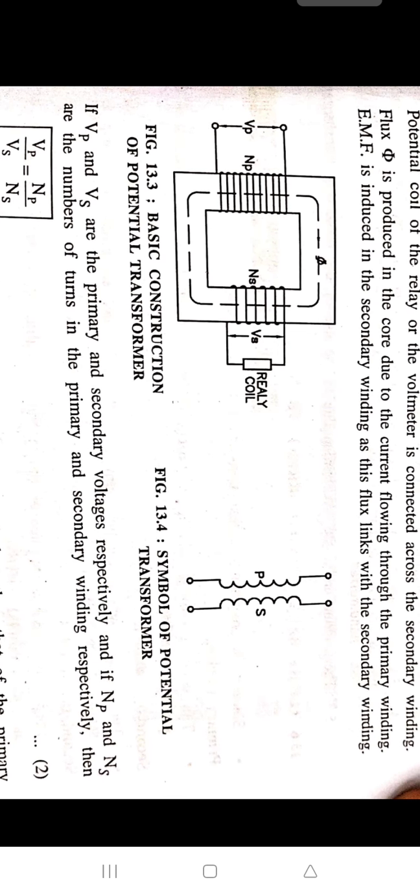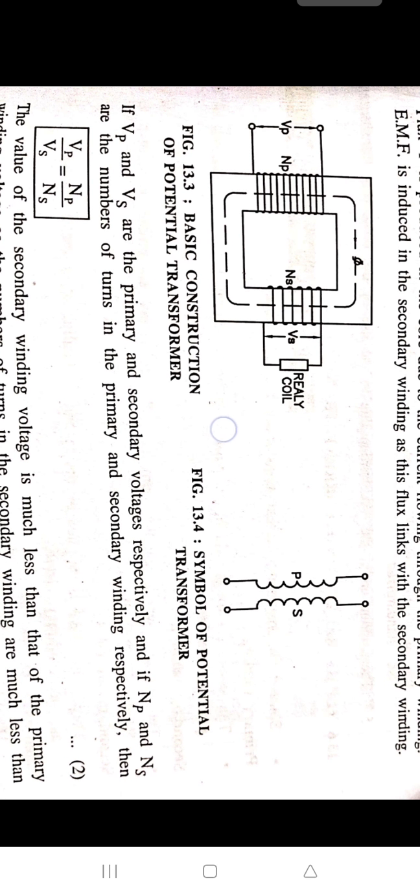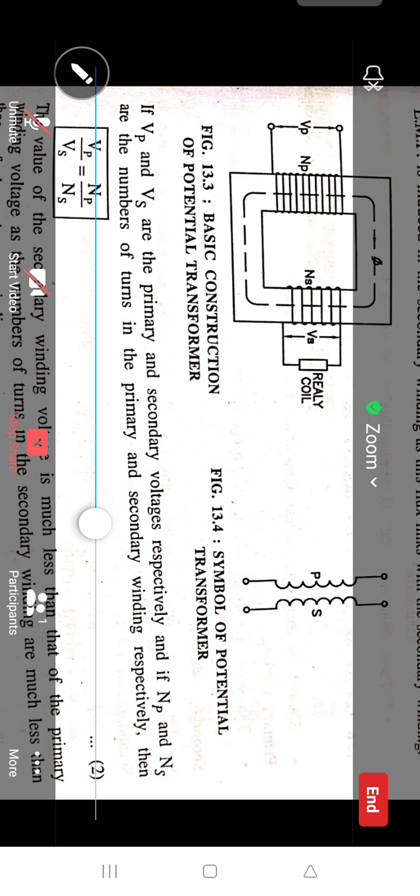This is the symbolic sign of the potential transformer, primary and secondary. They are connected in parallel, while in a current transformer the primary is connected in series with the bar, and the potential transformer is connected across the bar.